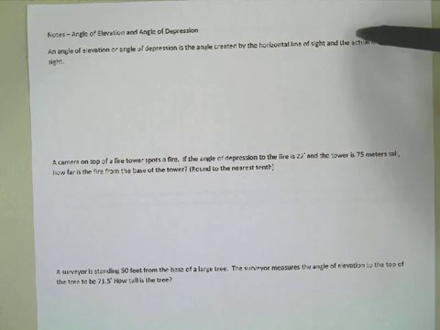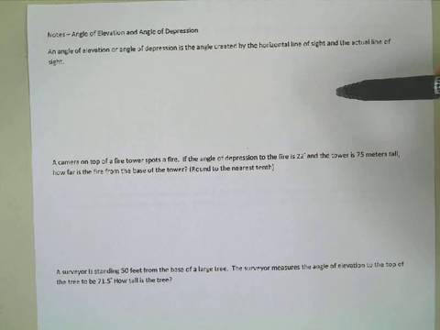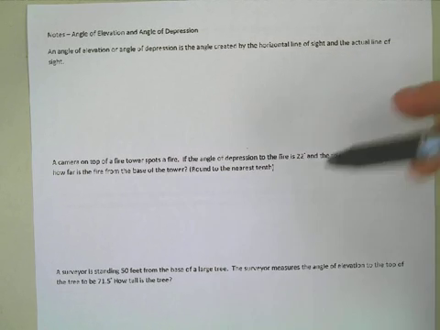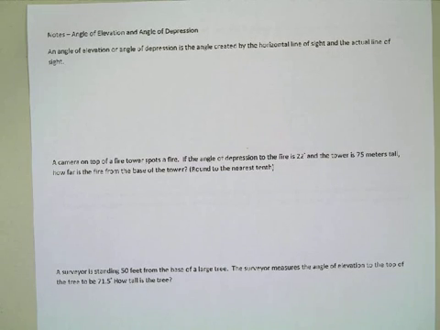And then maybe there will be an object above you, in which case you would have to look up, and that would create an angle, right? If you imagine the horizontal is right here, you're looking out and you see a bird or a plane or Superman up in the sky, and you look up. That's an angle of, well, what do you think? Is that elevation or depression? Elevation, right? Because you're looking up.